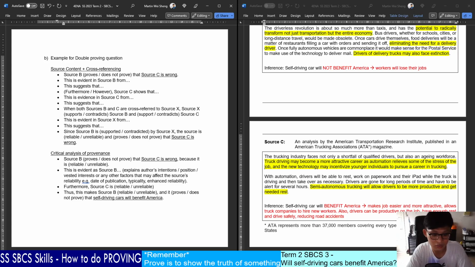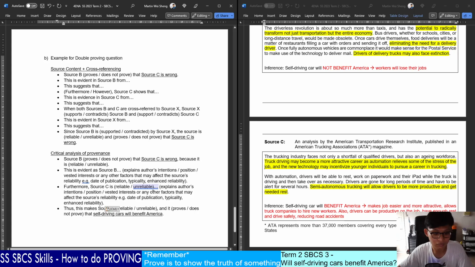Okay, then you explain the CAP for source B. Okay, so after you explain the CAP for source C, then you just need to make your conclusion.